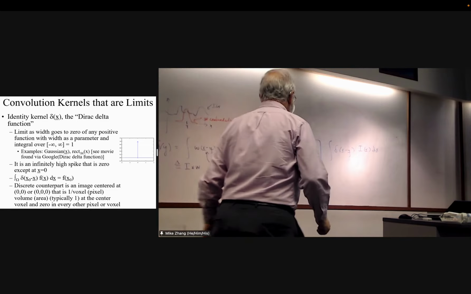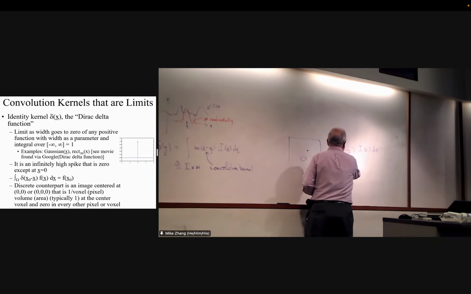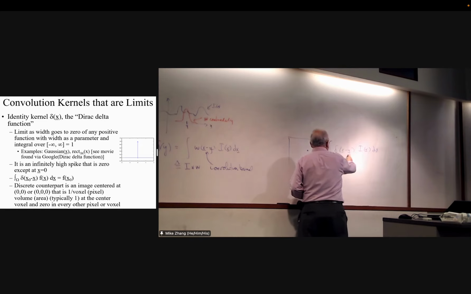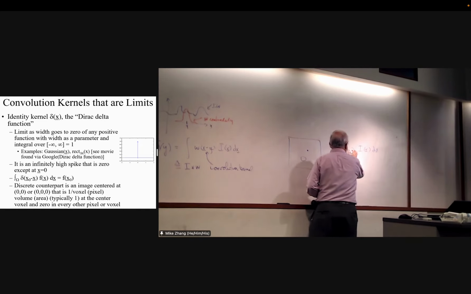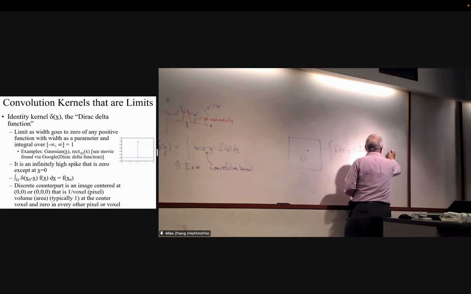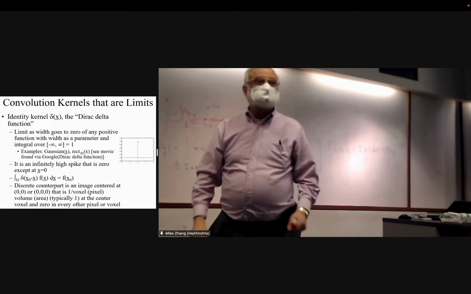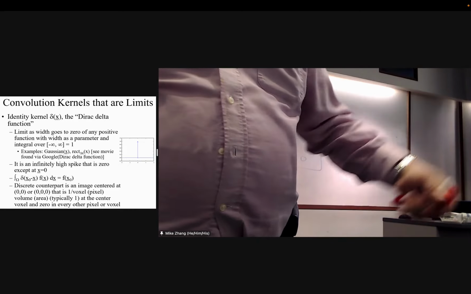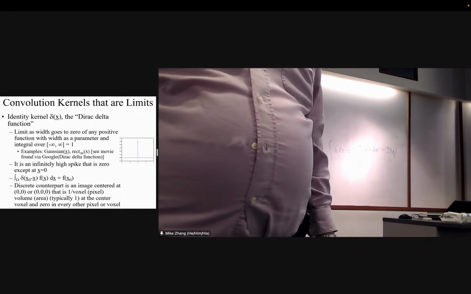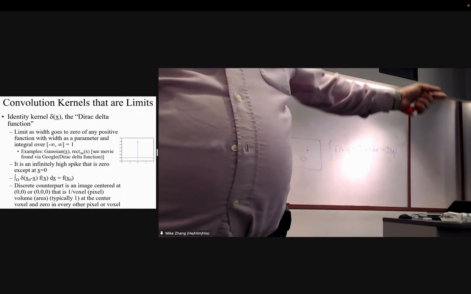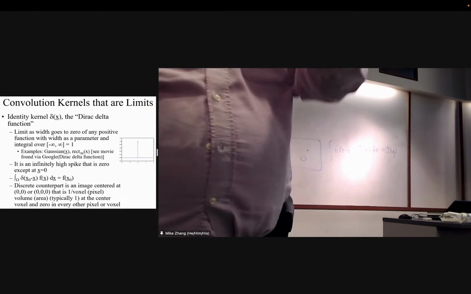Well, this guy is 0 everywhere except at y, and at y it's just the right unit amount of stuff to pull out the value at y. Okay? So it's just the sampler. When you convolve with it, it gives you the intensity sample value at sample point y.